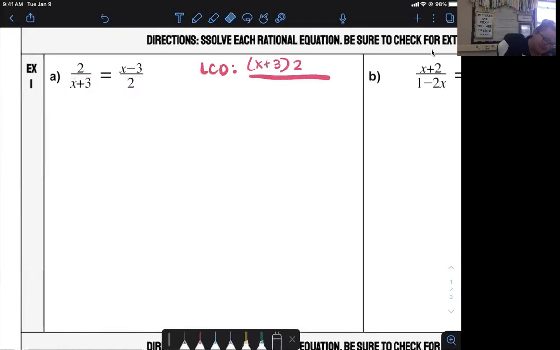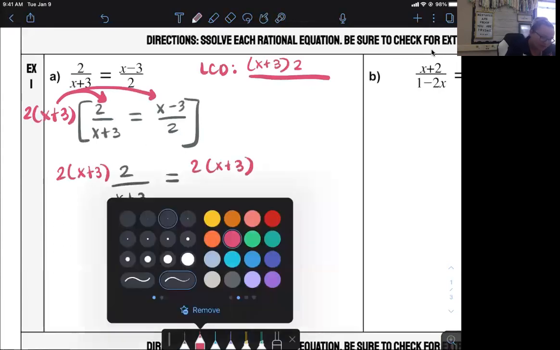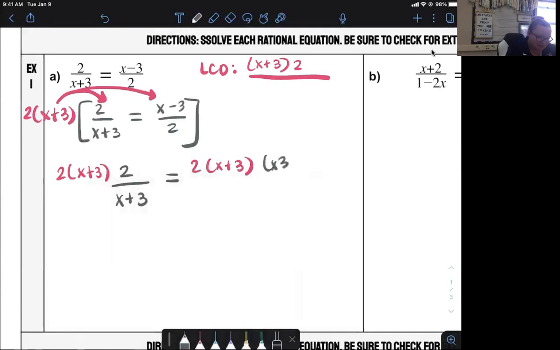We're going to take that LCD and multiply it by the entire equation. So we're going to multiply this equation by 2 times x plus 3. We're going to distribute that to the first fraction and the second fraction. So we're going to have 2 times x plus 3 times 2 over x plus 3 equals 2 times x plus 3 times x minus 3 over 2.